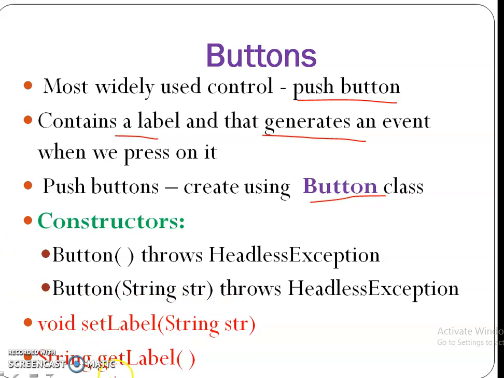Then the most familiar, widely used methods associated with buttons are setLabel and getLabel. The setLabel method is used to assign the string value on the button. Maybe I have a button like this. When I want to assign some value, that is how we can identify that specific button.